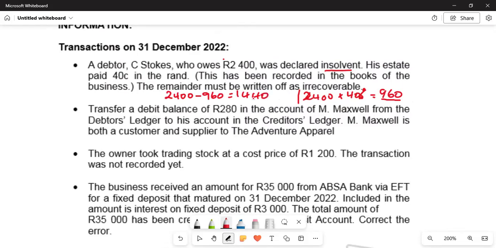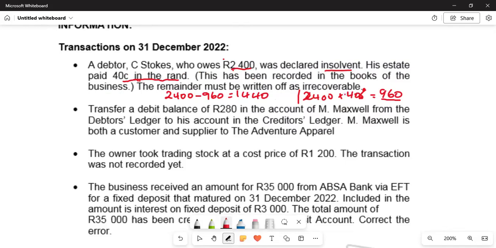Hope we are together and we do understand this transaction, whereby a debtor Stokes owes 2,400 and was declared insolvent. His estate paid 40 cents in the rand. This has been recorded in the books of the business. The remainder we are to write off. So that is why we have said we are going to multiply what?